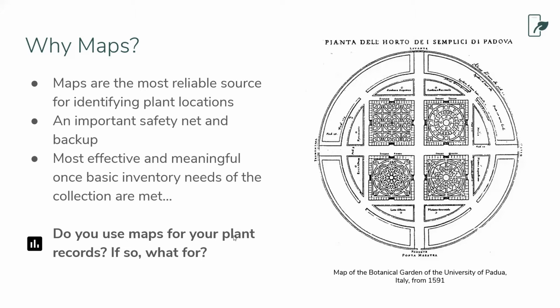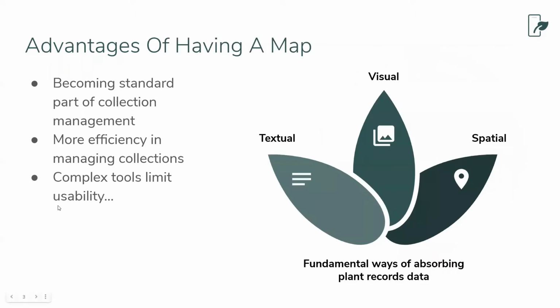So as you can imagine, there are a lot of benefits and advantages to having a map for your collections. And we like to think that there are three fundamental ways of absorbing your plant records data. The first is textual. So you might expect to see your plant records in a list view.